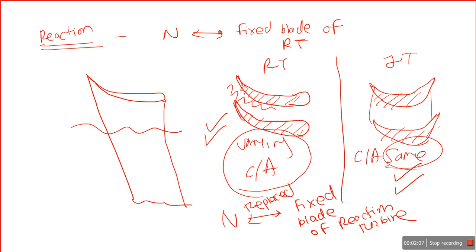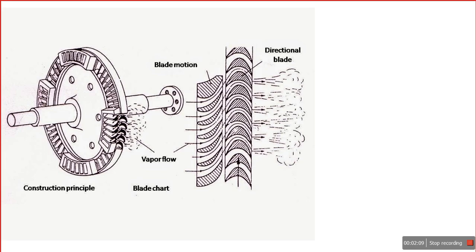and the moving blade I am going to place on the rotor. So if you see here the construction of the reaction turbine, there are different kinds of nozzle. If you see here the blades and the nozzle, there are two rows. See the row of nozzle here, and the row of blade here.